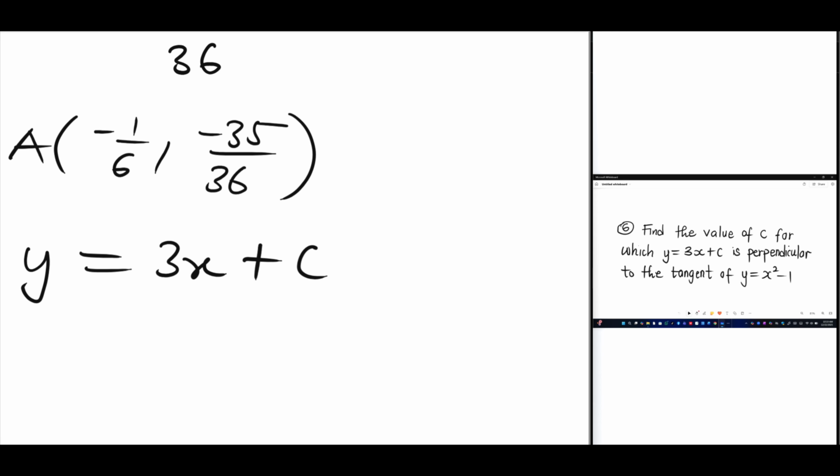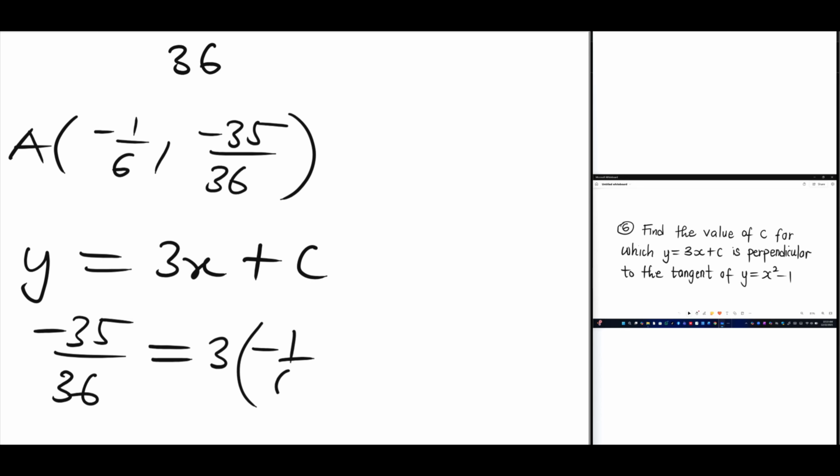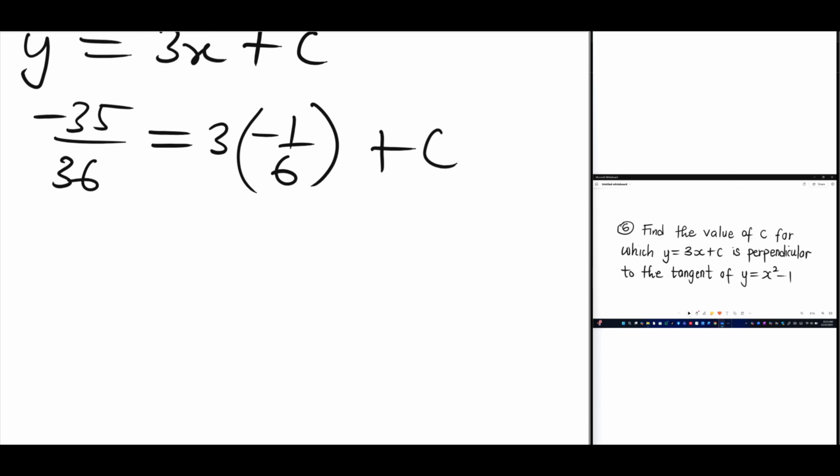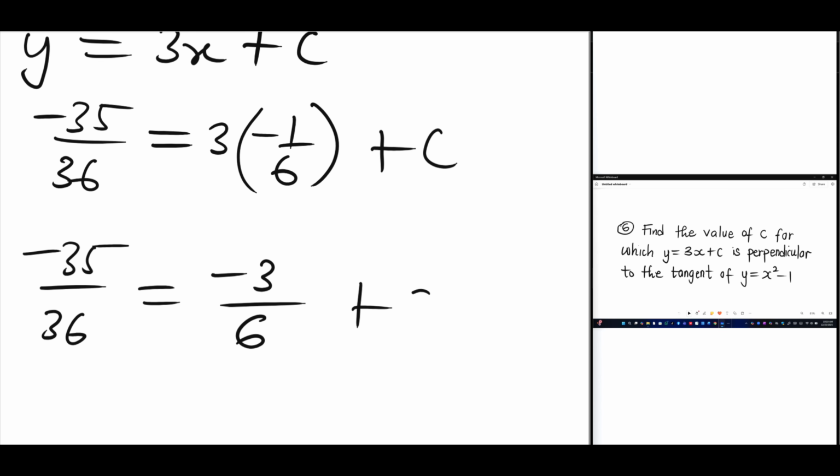Wherever you see y, you put negative 35 divided by 36, equal to 3 multiplied by the value of x, which is negative 1 out of 6, plus c. So we get negative 35 divided by 36 is equal to negative 3 divided by 6, plus c.